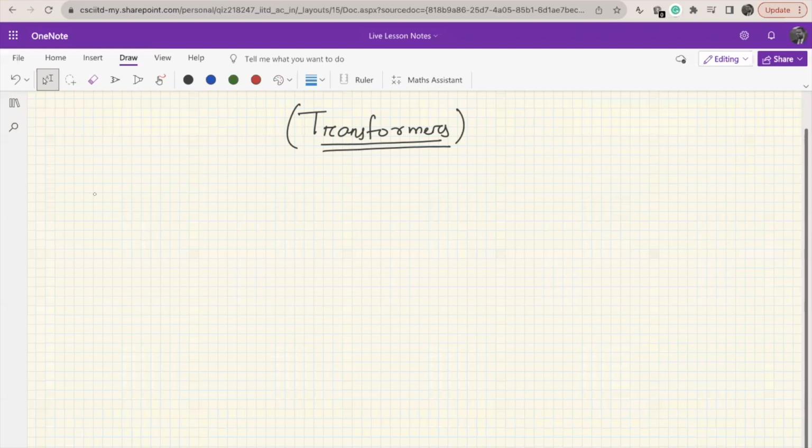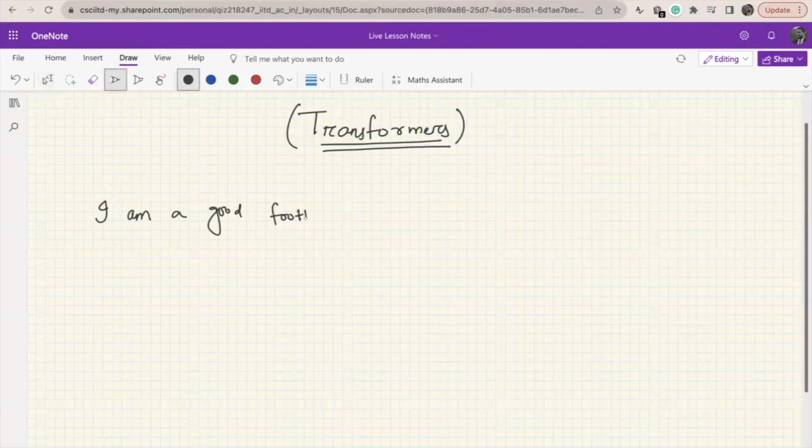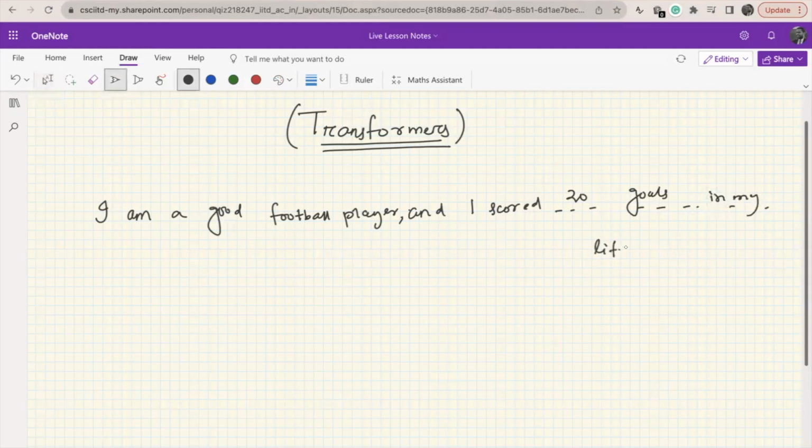Let's say the text is: "I am a good football player, and I scored 20 goals in my life."